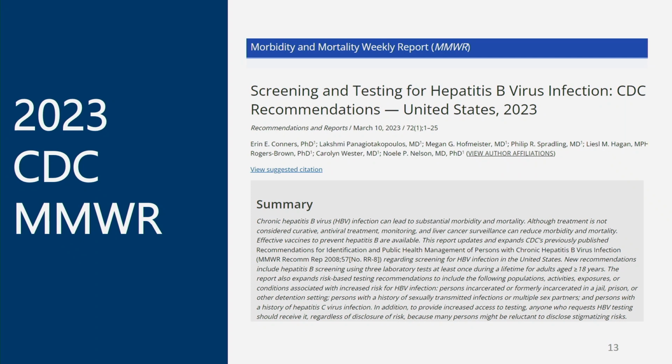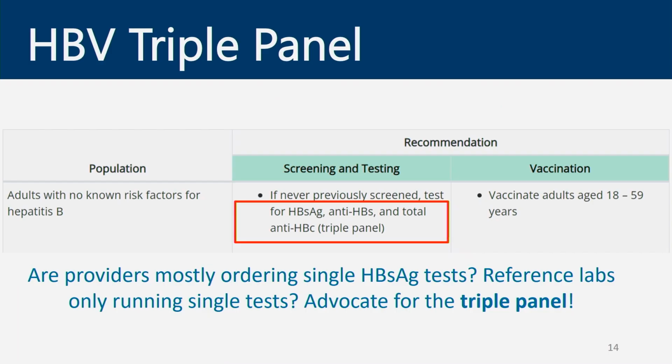So you can go ahead and have providers be aware that they should replace that with a triple panel screen and can resume the single surface antigen testing or screening thereafter. So if you're noticing that particular health systems or providers are continuing to just order that surface antigen test, remind them that the triple panel screen is the new recommendation.